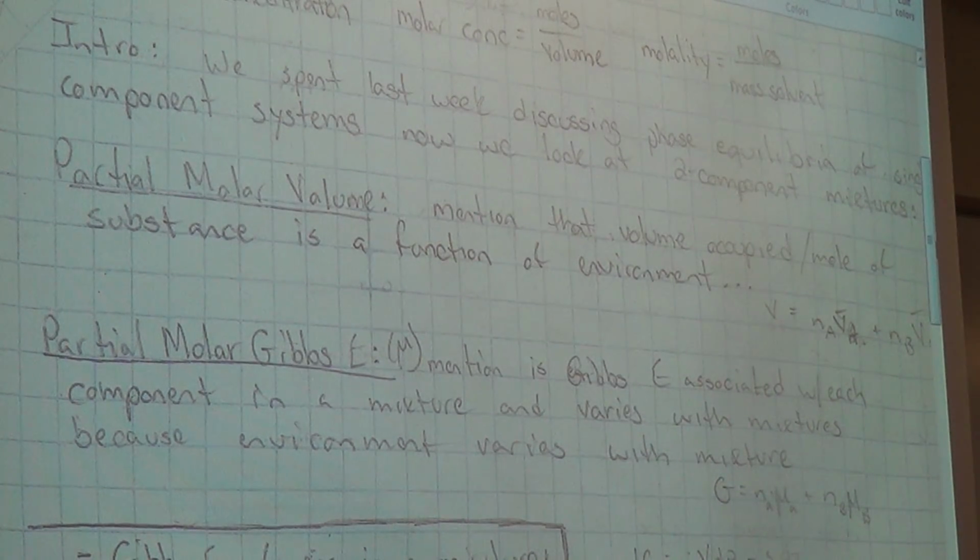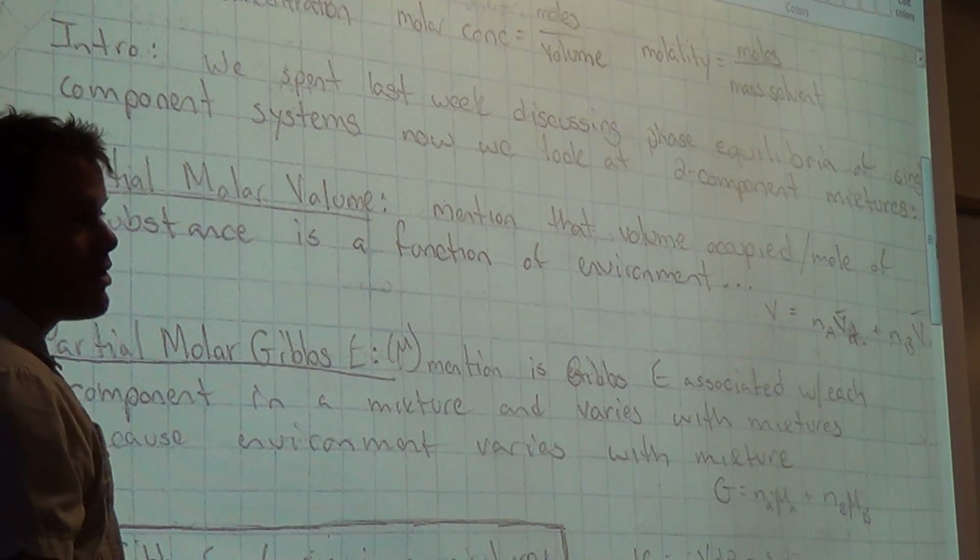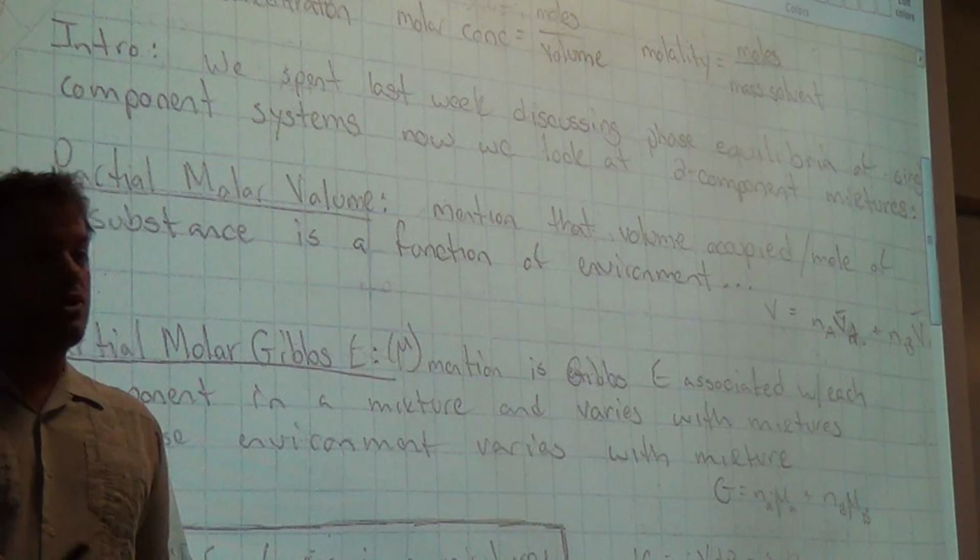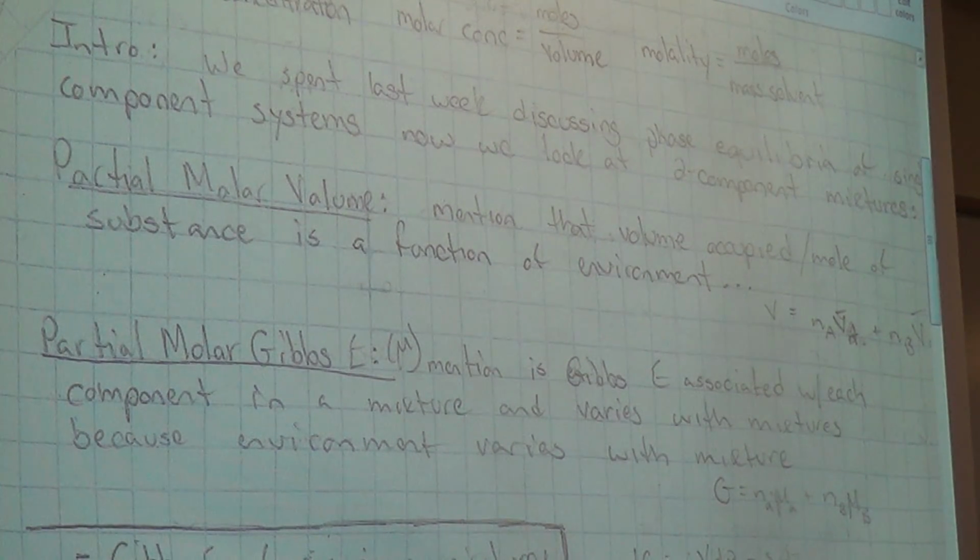So the Gibbs free energy of a sodium ion in an aqueous solution is going to be different than the Gibbs free energy of a sodium ion in an ammonia solution. The Gibbs free energy of a sodium ion in a 1 molar aqueous solution is going to be different than the Gibbs free energy of a sodium ion in a 10 molar solution, right?